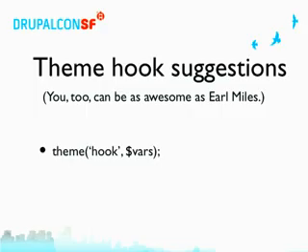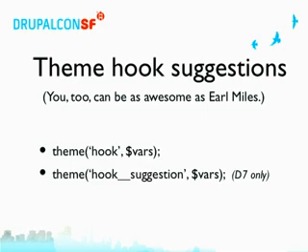So the normal way that you call a theme hook is just the theme function. First parameter is the name of the theme hook, and then you pass on the variables. With a theme hook suggestion, you're passing in this suggestion as well. So you're saying, for example, that in D7 the node module uses the links theme hook quite a bit, and when it adds its read more link, it now provides a suggestion of links__node.